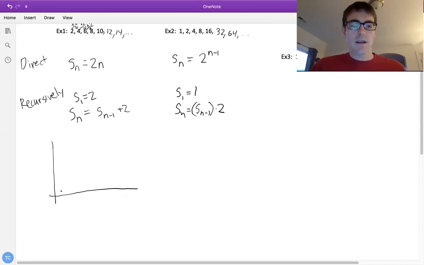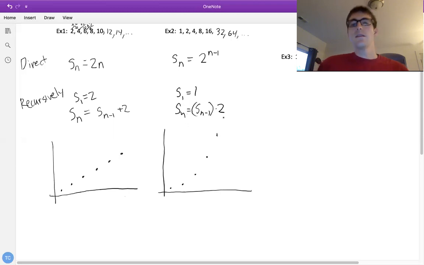And so this is saying that our first term is 2, our second term is 4, 6, 8, 10, 12, etc. We could also graph this other sequence. And we go from 1, 2, 4, 8, 16, etc. And so we can compare these by looking at the shape of this graph, the shape of this progression.